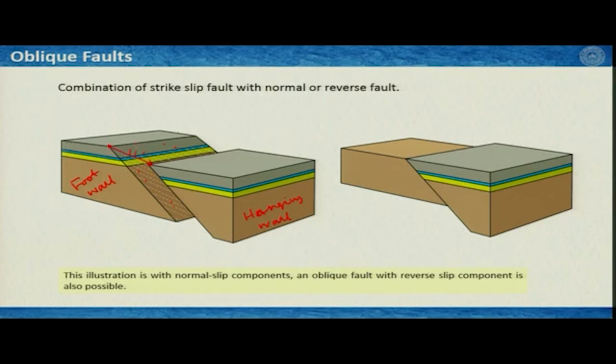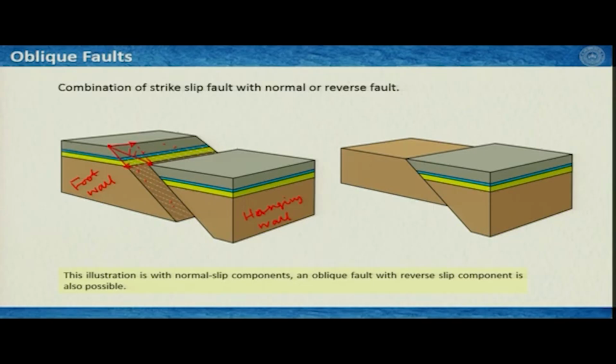So, we can figure out that this is the strike slip component and this is the dip slip component. So, its net slip combines both strike slip and dip slip components. Therefore, this is an oblique fault.